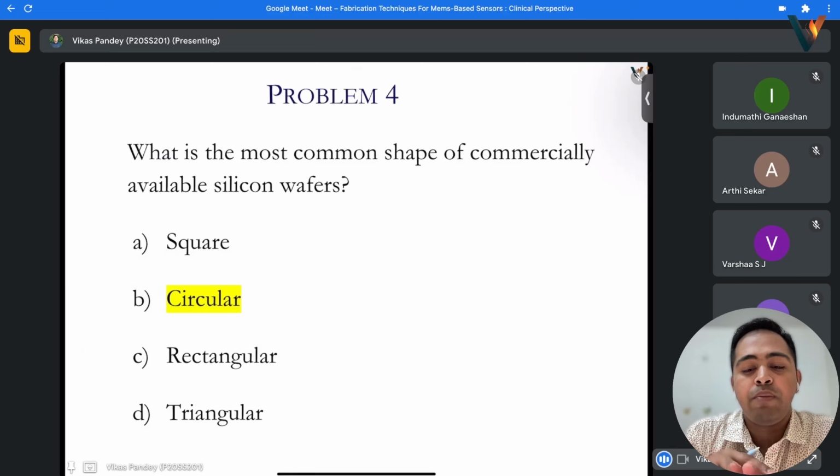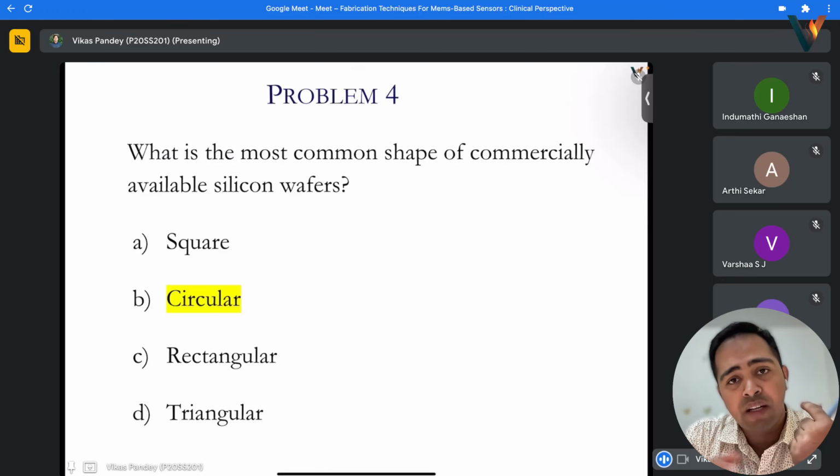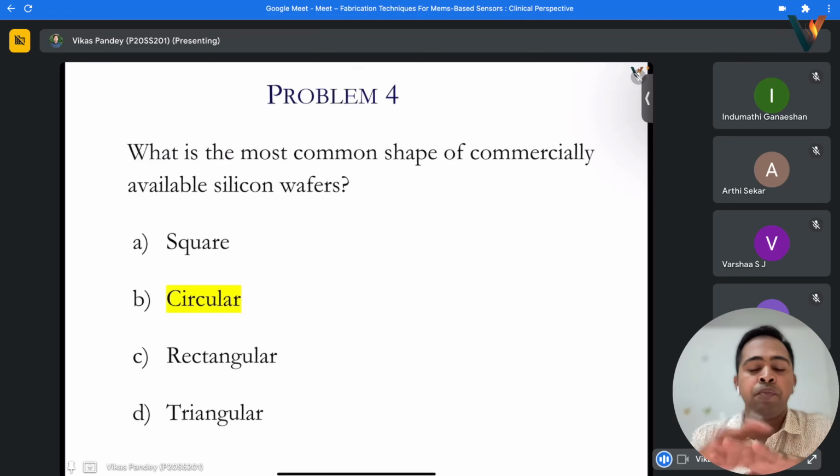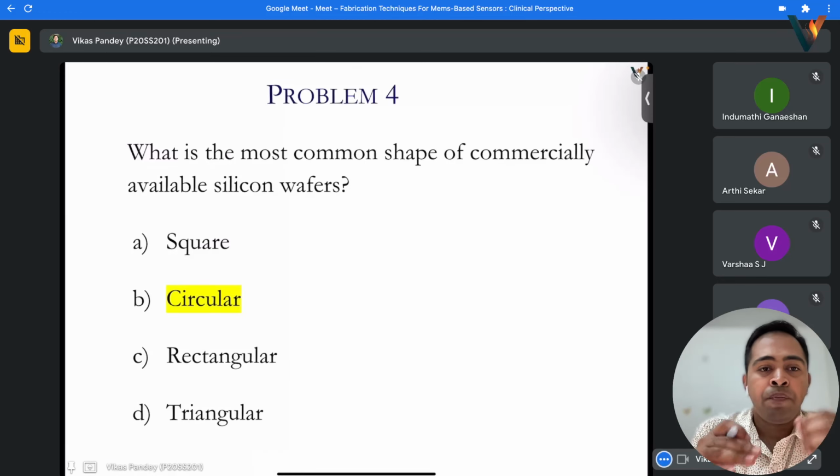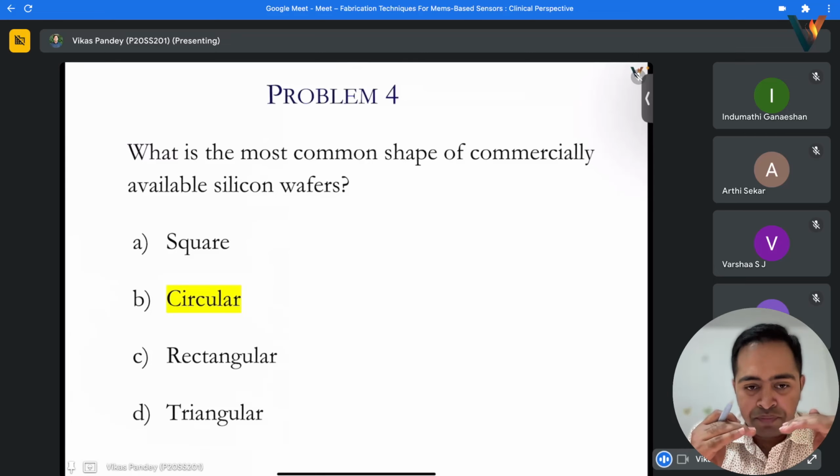So we will be using this wafer as the base of our sensors. Sometimes we will be using their conductivity, but mostly, what sir has shown till now is that we use an insulator above it, like SiO2, and then make the sensor over it.